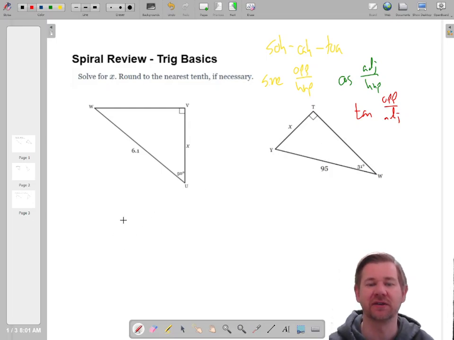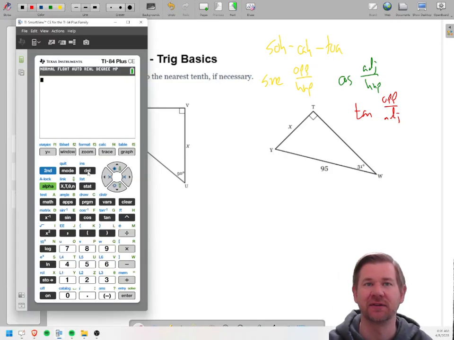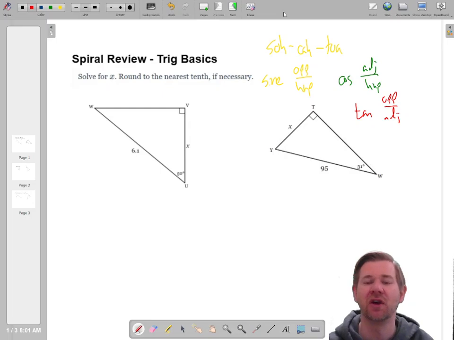And you have your calculator to help you actually type the calculations in. You're not going to do any arithmetic, but you need to know which trig function you're going to use for these problems. In this problem, if I'm using 50 degrees here, then this would be the adjacent side and this would be the hypotenuse. So adjacent and hypotenuse, I'm going to write an equation. The cosine of 50 degrees is x over 6.1, adjacent over hypotenuse.